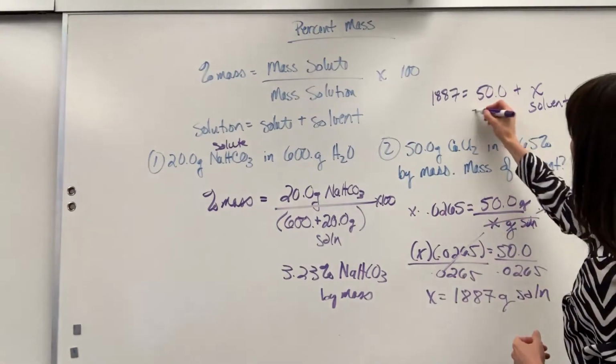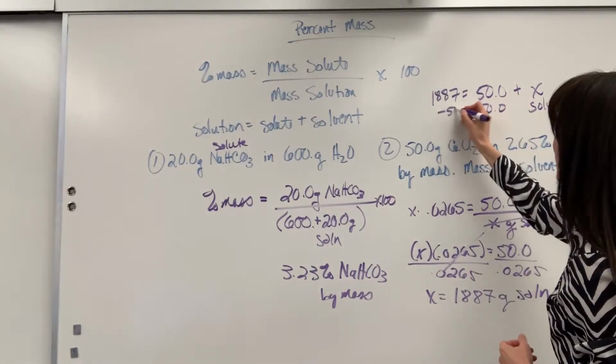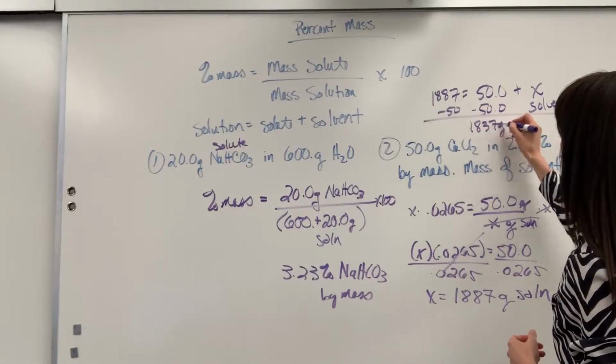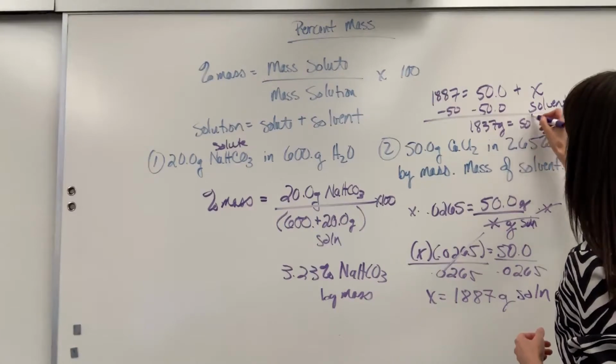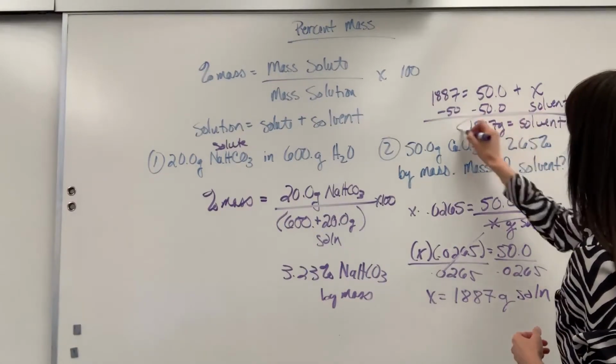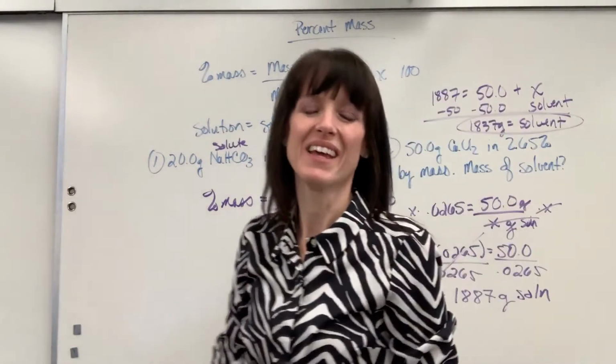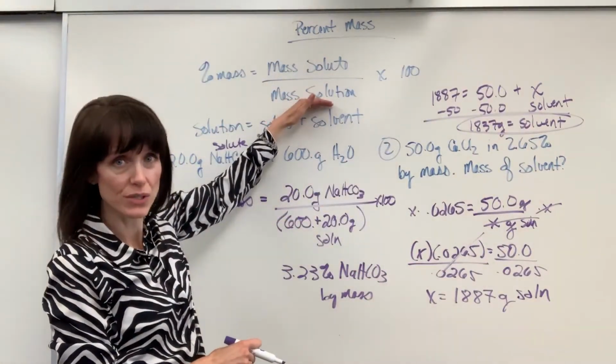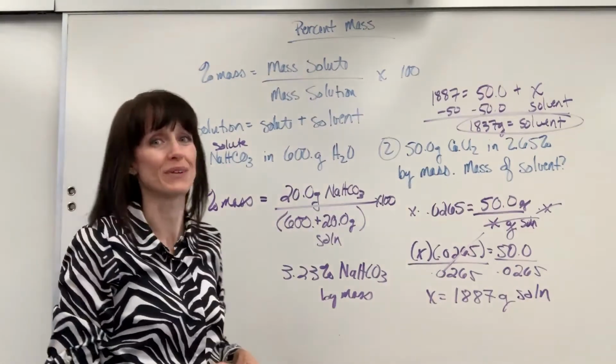There we have it. So if we just subtract 50 from both sides, we'll get 1,837 grams is going to be the mass of the solvent right there. Nice. So remembering that the denominator is total solution, and you could break that apart into solute plus solvent.